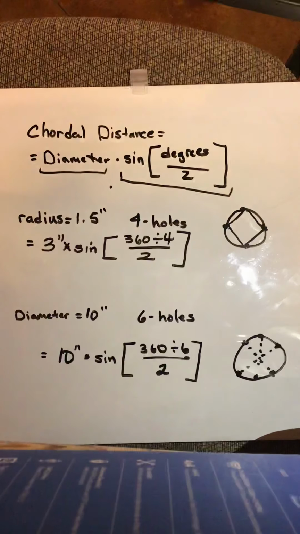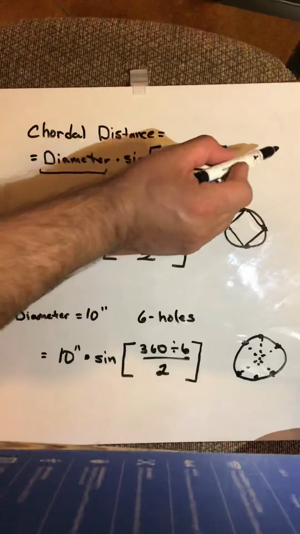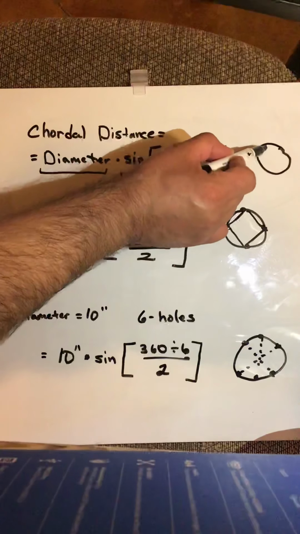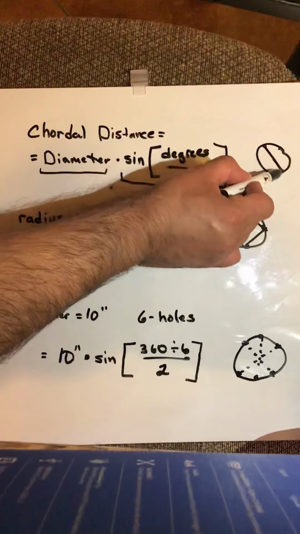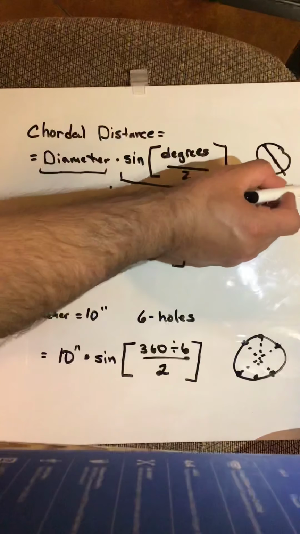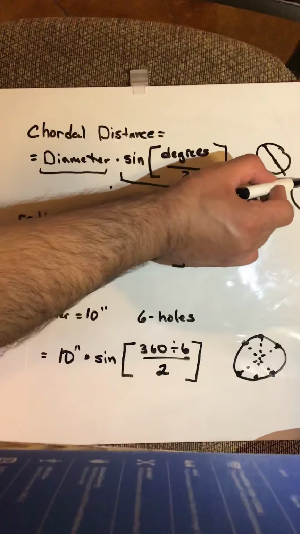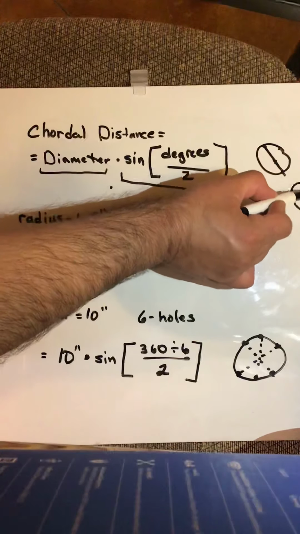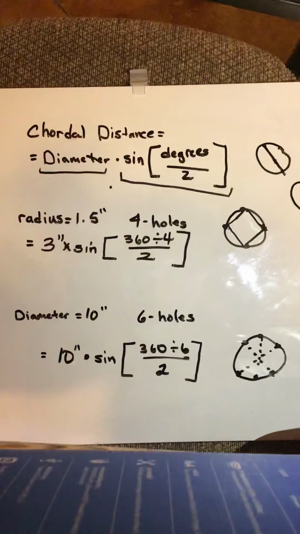If you're not sure what diameter means, it's the measurement from one side, through the center, to the other side of a circle. In this case you might have a radius instead. A radius is the distance from any point on the outside of the circle down to the middle of the circle.